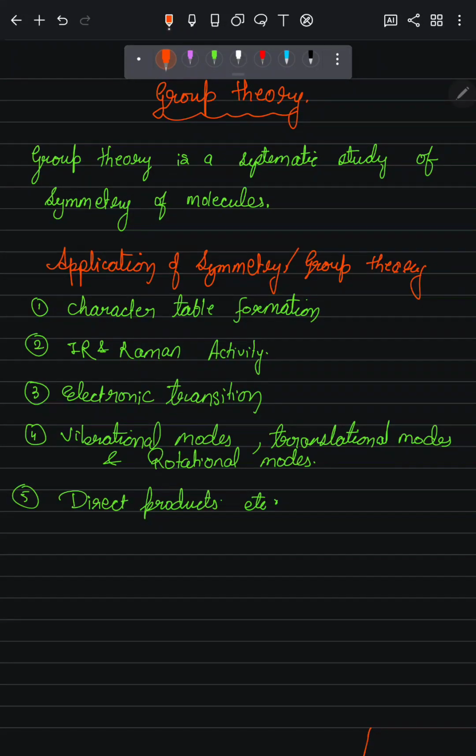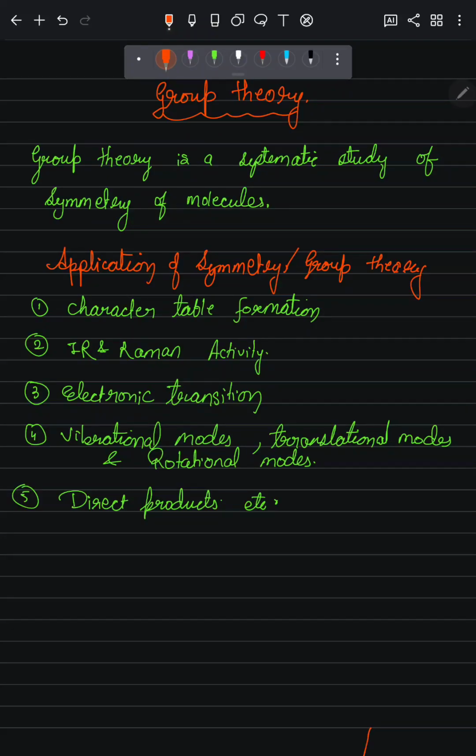So before getting into the applications, we need to know some basic concepts, which are symmetry operations and symmetry elements. Some symmetry elements are axis of symmetry, plane of symmetry, center of symmetry, improper axis of symmetry, and identity. These are the 5 main important symmetry elements.